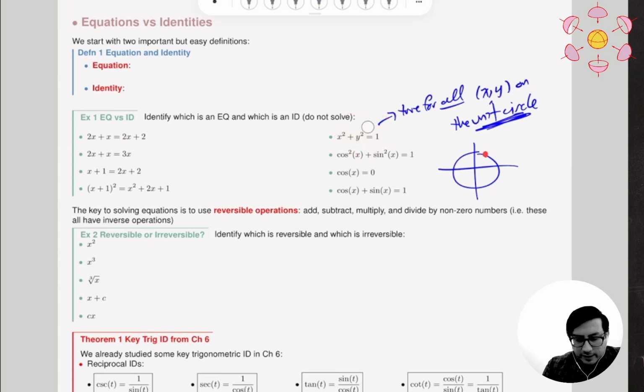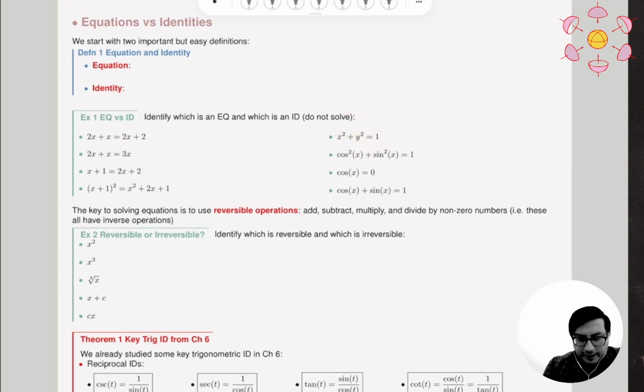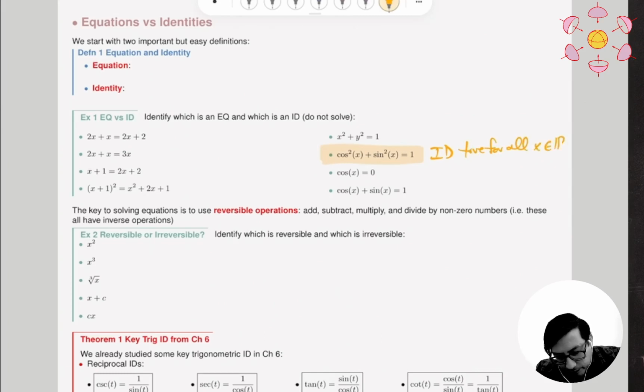So another identity is the one right below, where we have cosine squared x plus sine squared x equals 1. It's also called the Pythagorean identity because, if you remember our derivation in class, it comes right from that and from the definition of what sine is and cosine is. Now, what makes this an identity? This is an identity because it's true for all real numbers x.